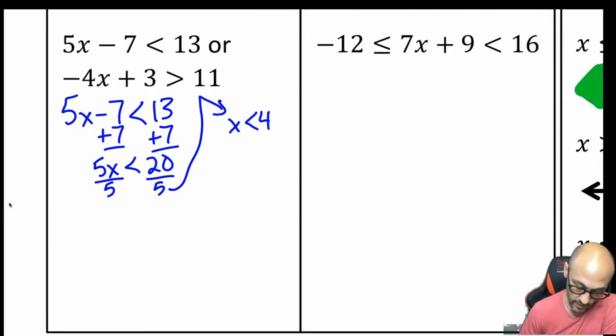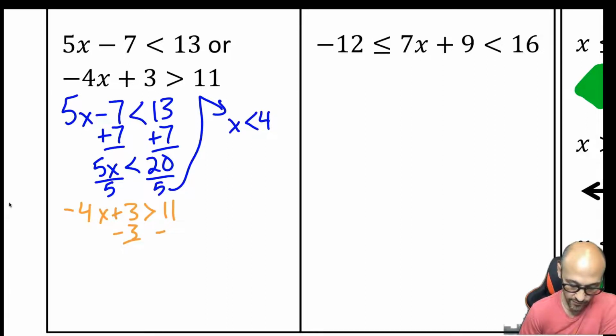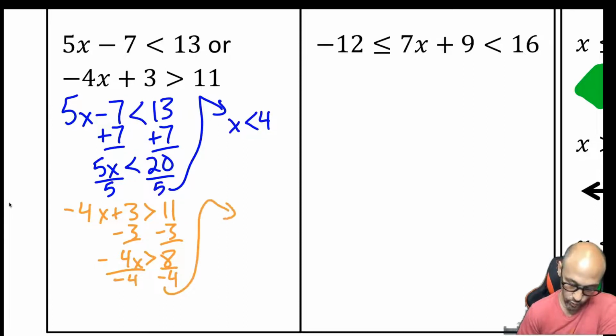The next part is negative 4x plus 3 is greater than 11. Subtracting 3 from both sides, we have negative 4x is greater than 8. Divide by negative 4. Now when we do that, it's important that we switch the sign because we're dividing by a negative. So it's less than negative 2.